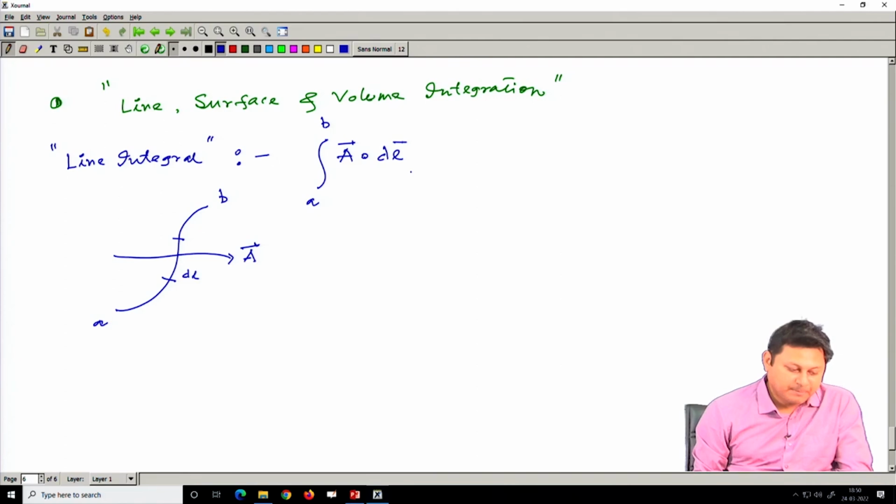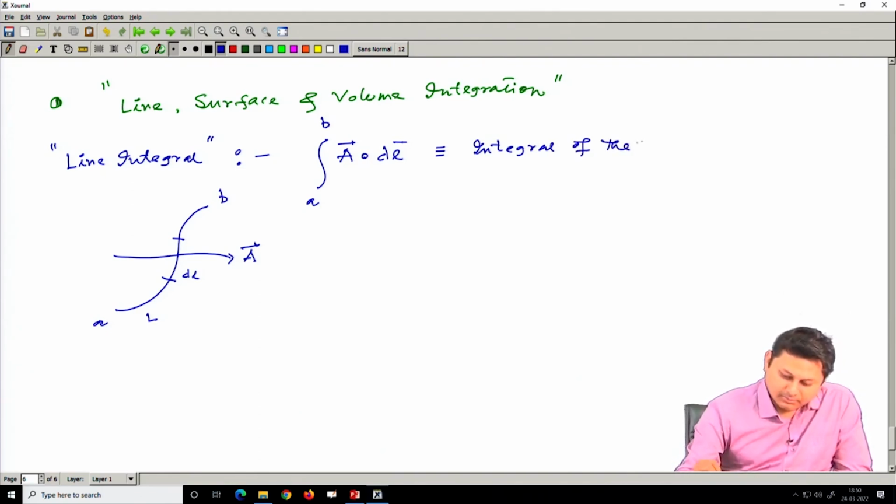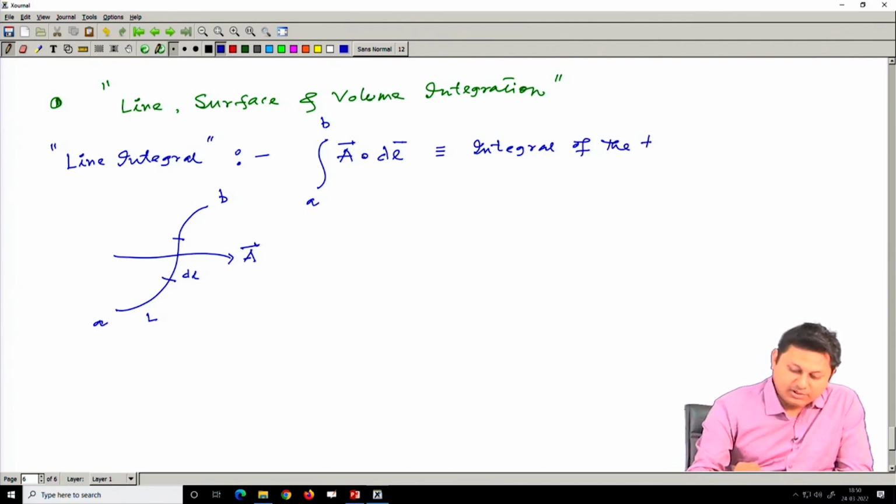So eventually it is the integral of the tangential component of A along the curve L. If this is a curve L, over L I am integrating. So this quantity which we call the line integral is the integral of the tangential component of the vector A along the curve L, because eventually we are making a dot product here, mind it.